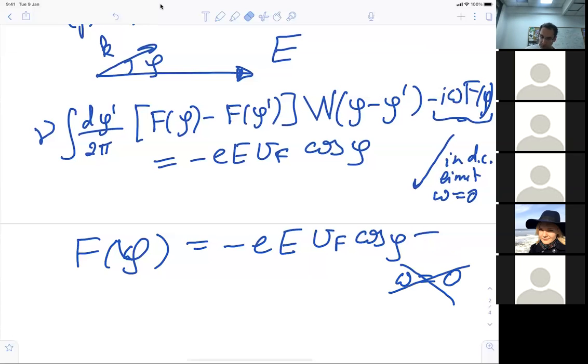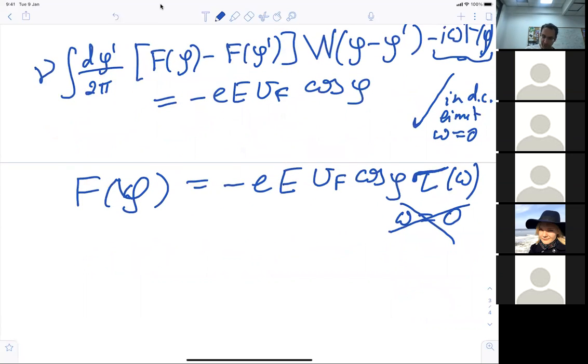And therefore, this is my new solution, with some unknown function tau of omega that I will plug into this integral equation. But this function is angle independent. Now, when I plug this solution into the collision integral, I know that when it acts on cosine phi, it just divides.